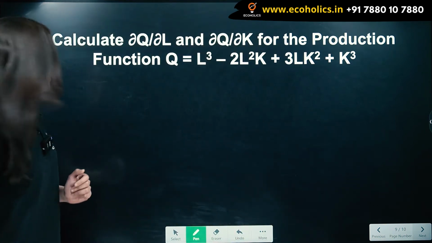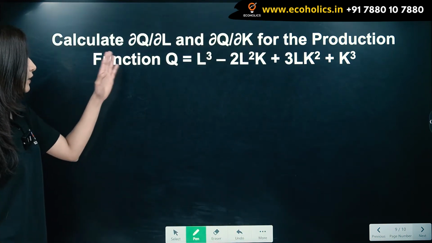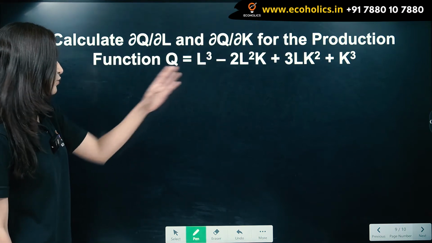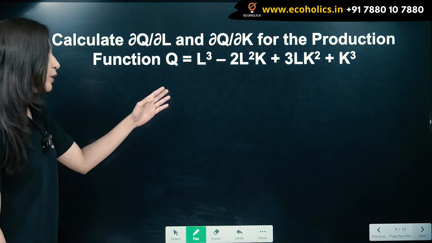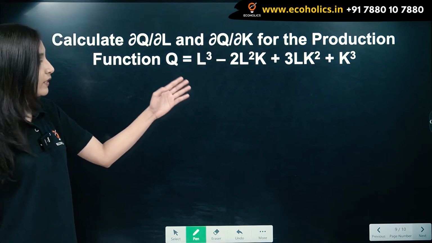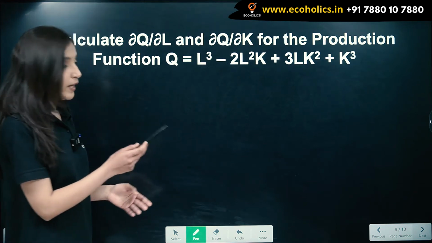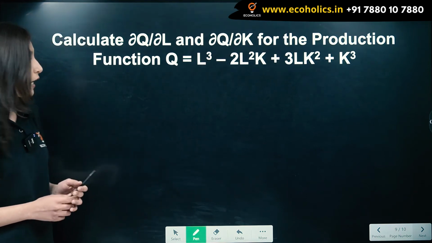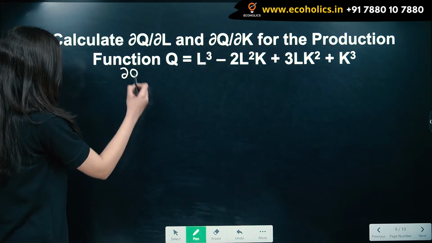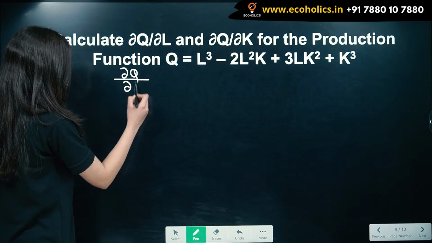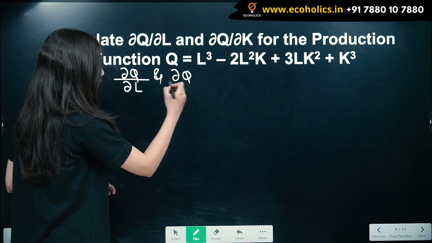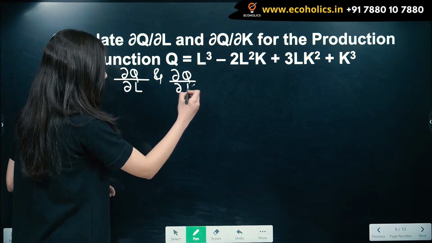Let's look at this example. Calculate ∂q/∂L and ∂q/∂k for the production function q = L³ - 2L²k + 3Lk² + k³. In this case, we need to find two things. First, we need to find ∂q/∂L, and next we need to find ∂q/∂k.